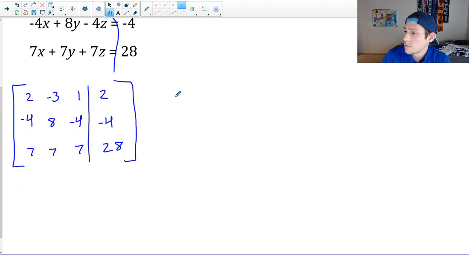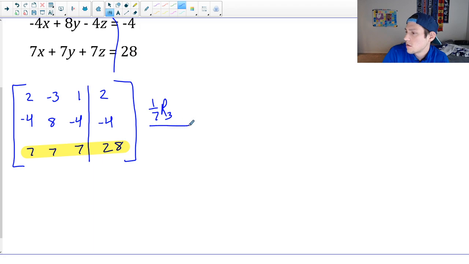Okay. So our first step is we want to get a 1 in this top left corner. And there are a couple different ways we can do that. An interesting thing that we'll always want to look out for, especially as a first step, is whether an entire row is divisible by a certain number. When I look at this, I say, hey, check it out, this bottom row is all divisible by 7.